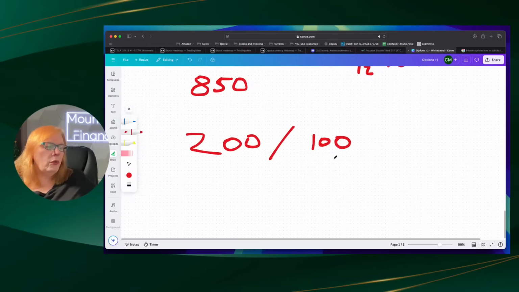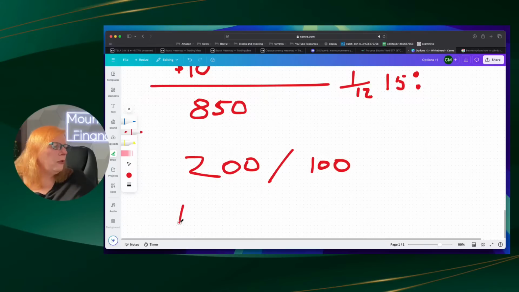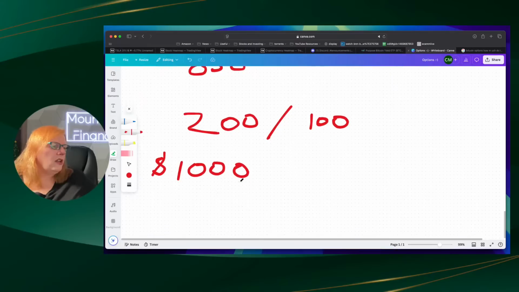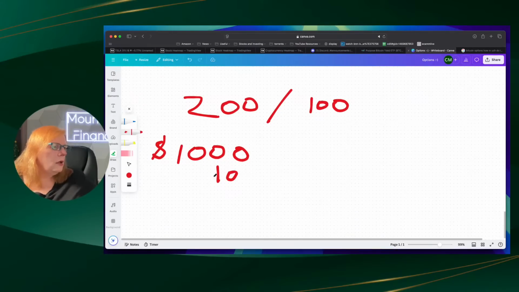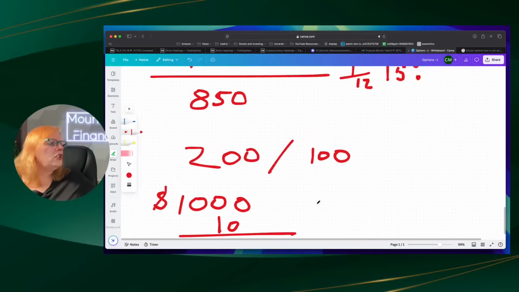So you owe the bank, it's 100 shares at the $10, so you basically owe the bank $1,000. You owe them the same interest that we calculated at $10. All right, so you now owe the broker $1,010.